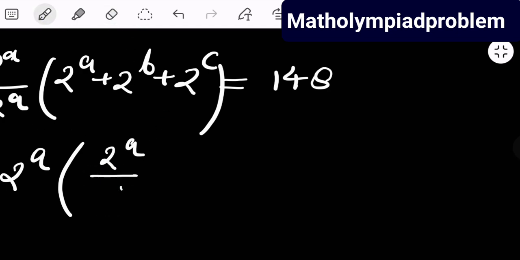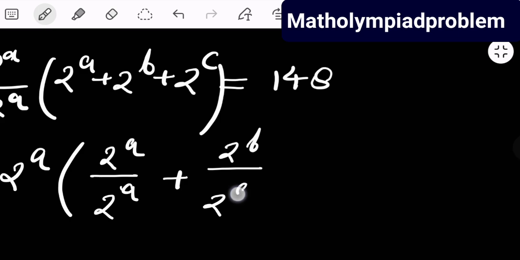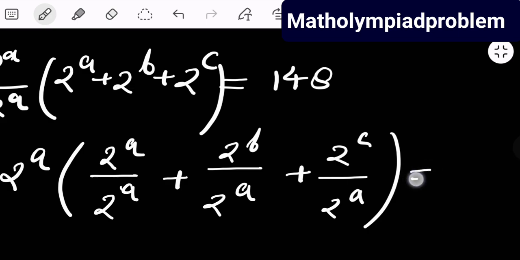Small mistake I have done. Now 2 raised to a plus 2 raised to b upon 2 raised to a plus 2 raised to c upon 2 raised to a. I hope you understand this system. So we have this one, 2 raised to a in bracket, 2 raised to a upon 2 raised to a, 2 raised to b upon 2 raised to a, 2 raised to c upon 2 raised to a.